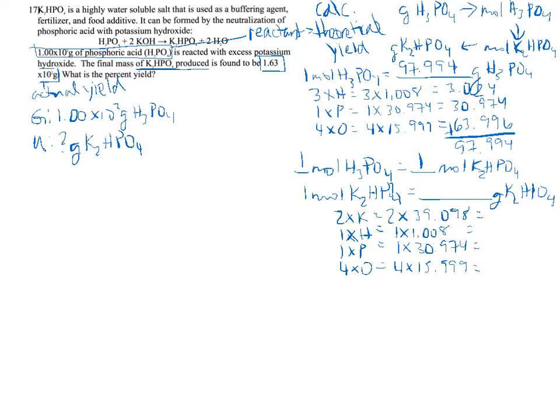So 2 times 39.098 is 78.196. 1 times 1.008 is just itself, and so is the phosphorus, 30.974. And then 4 times 15.999 is 63.996. We add those up, and we get 174.174.